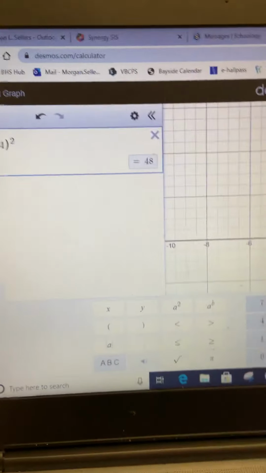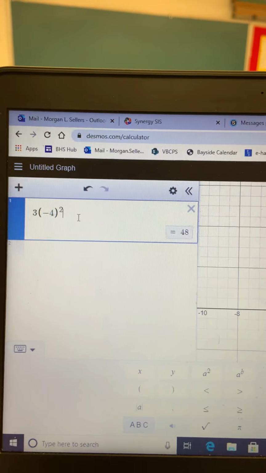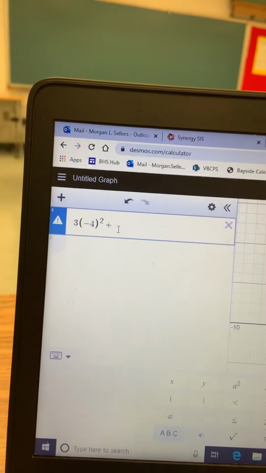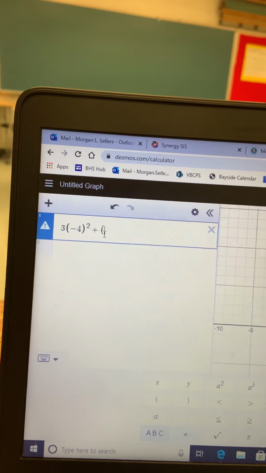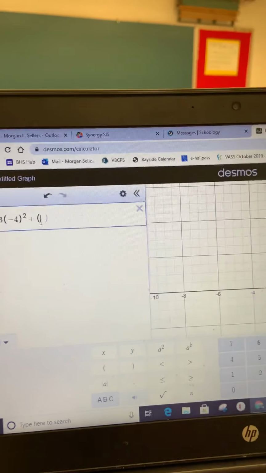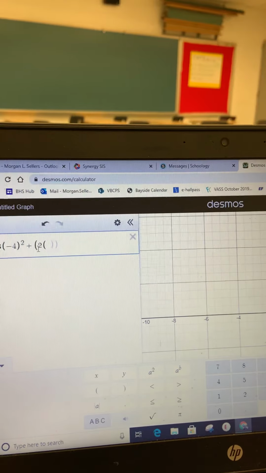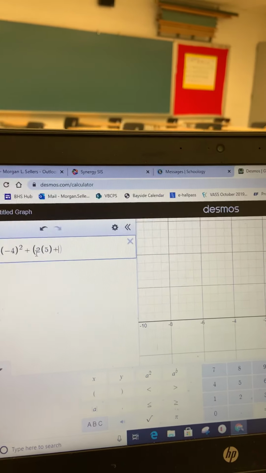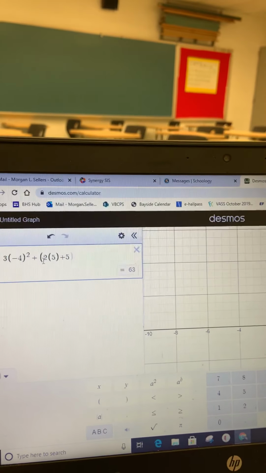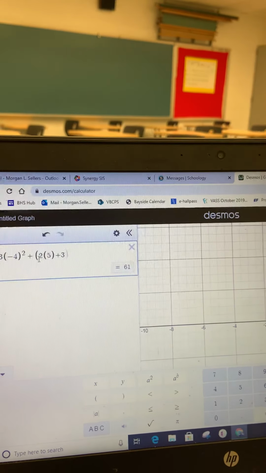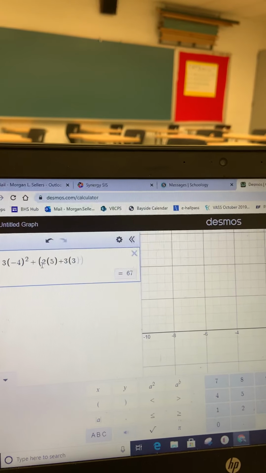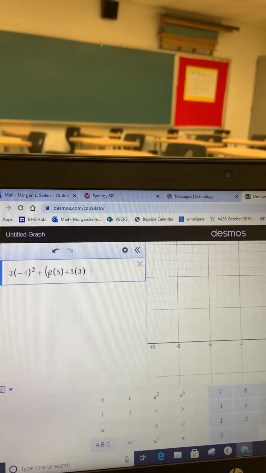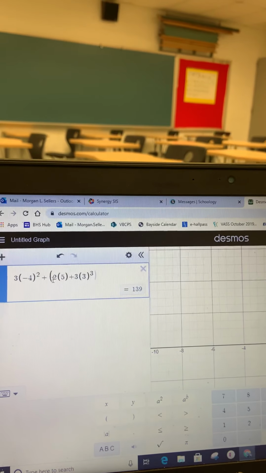So we actually need the 3 in front because that's what the equation is. So 3 times -4 squared plus, sorry, this is hard one-handed, 2 times 5 plus 3 cubed.